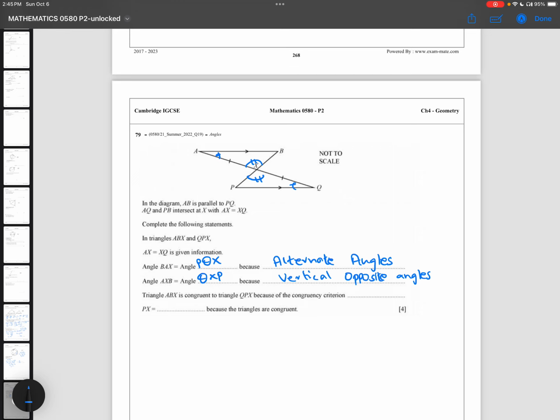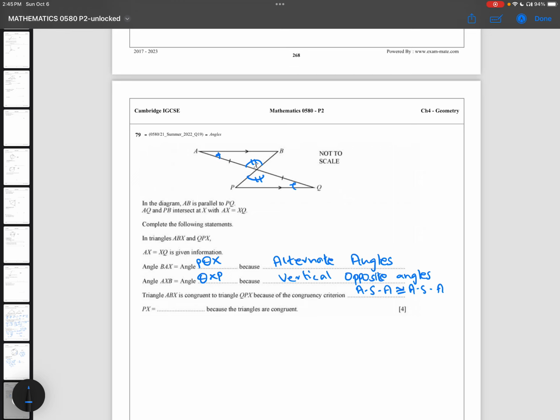Now triangle ABX is congruent to triangle QPX because of the congruency criterion, and the criterion is we have one side equal and two angles equal. So this is angle side angle congruent to angle side angle. So whenever in two triangles two angles and the side between them are equal, it means they are congruent.